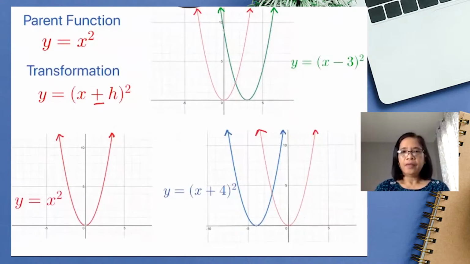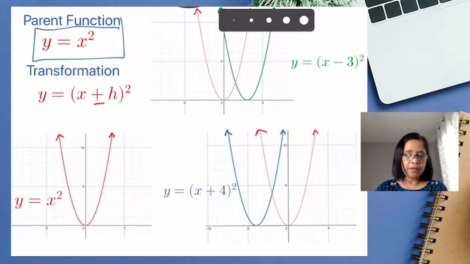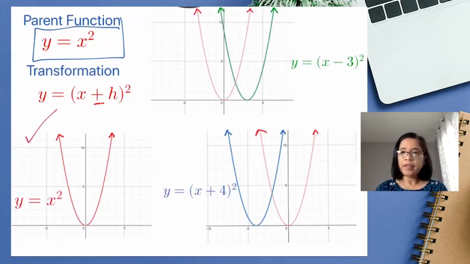Now what happens if we change the value of h? In this case, we will consider again the parent function, and let's only look at the change on the parameter h. y equals x squared is graphed on the side. It's a parabola facing upwards.